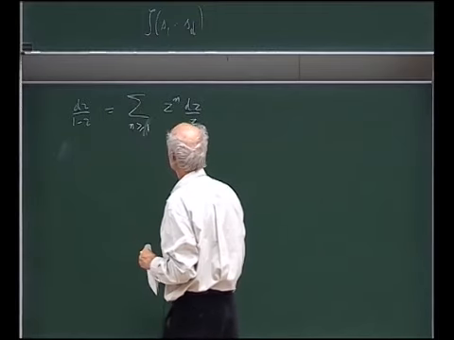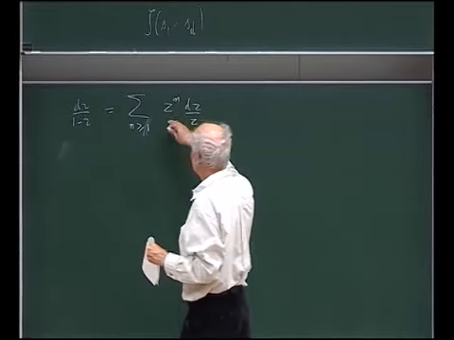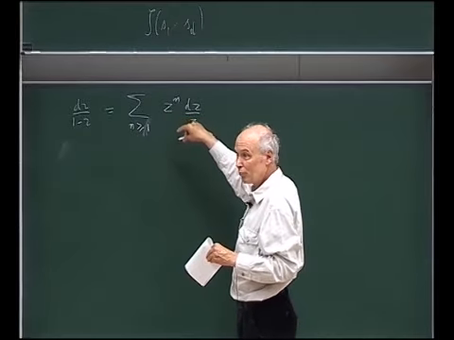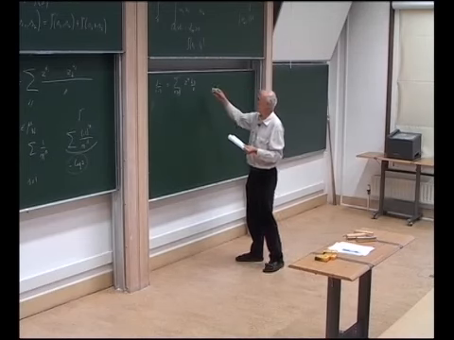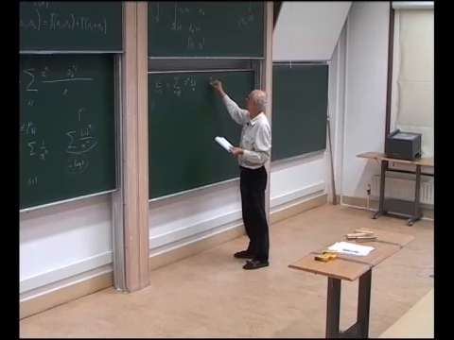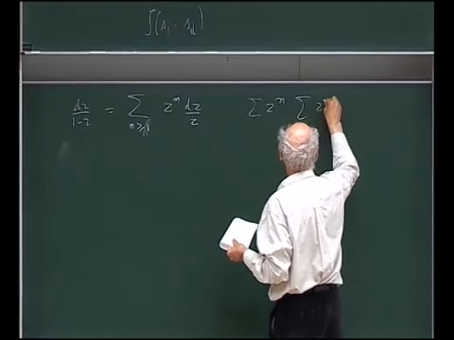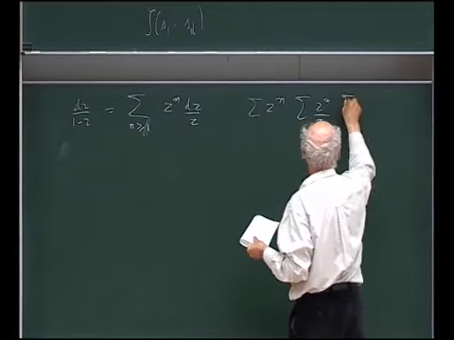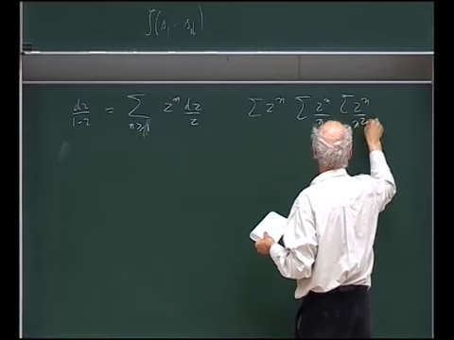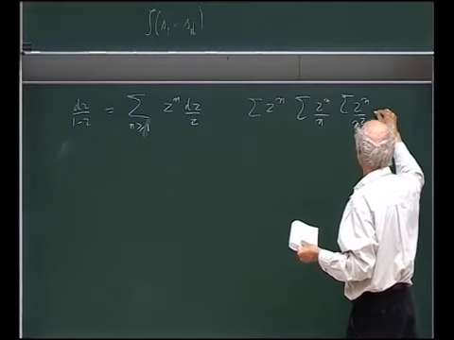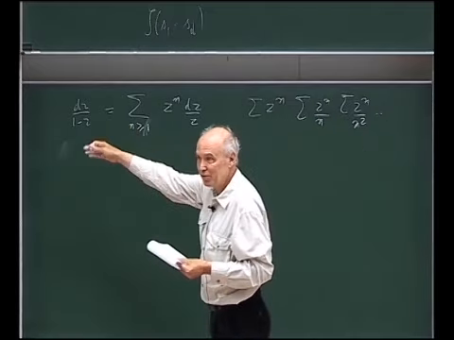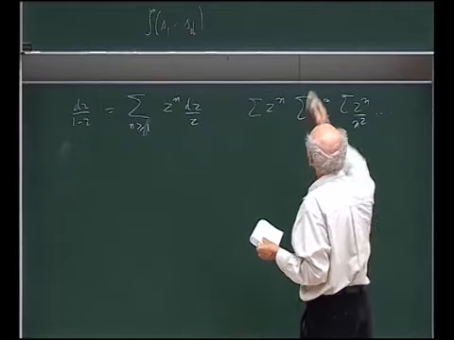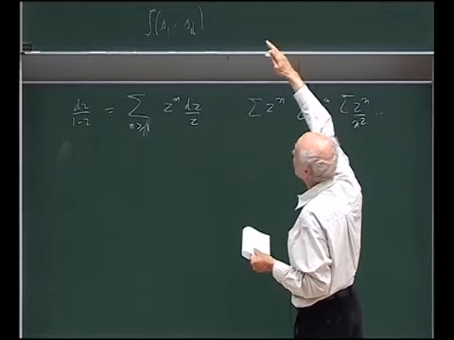Now you can integrate term by term, multiply by dz over z, integrate term by term, and so on, and successively you see appearing the functions summation z^n, summation z^n over n, summation z^n over n squared, and so on.